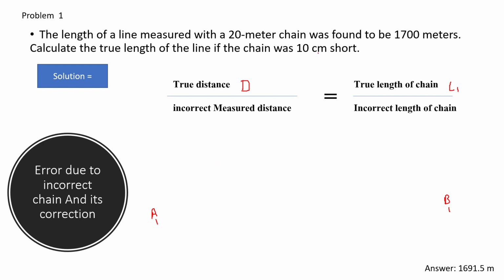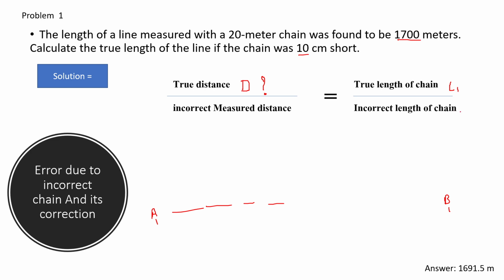So 85 times we have put the chain, and each time we get this error of 10 centimeters. Are you getting it? So we have to find the true distance, and the incorrect distance we have measured is that much.